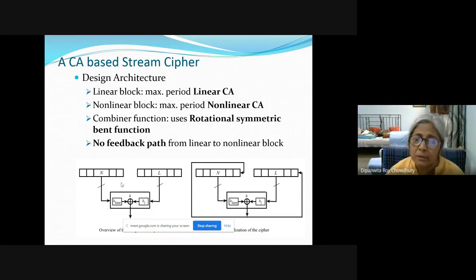So now in our design, we have omitted this feedback part, and even if you inject the fault here, it is not directly affected. Some indirect effect is there once it is processed. But before this is fed back, the filter function is there. That's why I told you it is a filter function: some bent function, and then again some linear function, and the combiner is there.